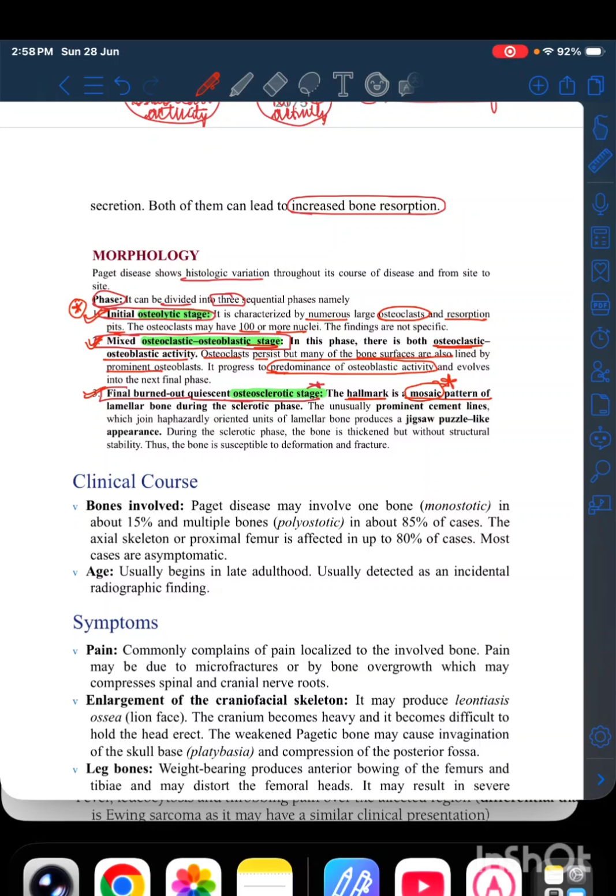Mosaic pattern, jigsaw pattern of lamellar bone during the sclerotic phase. Prominent cement lines join haphazardly oriented units of lamellar bone, giving a jigsaw puzzle-like appearance.